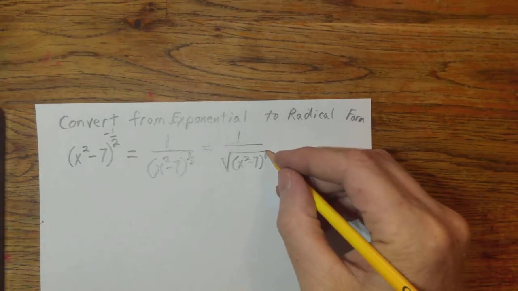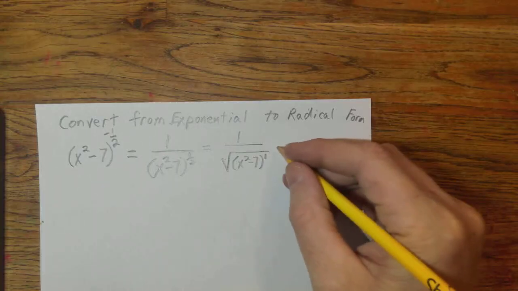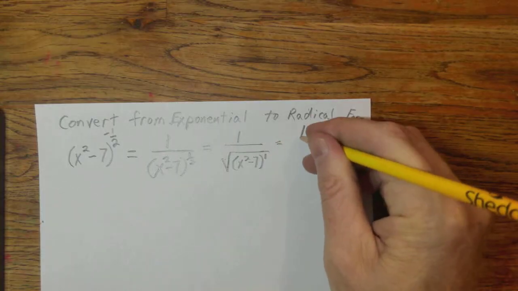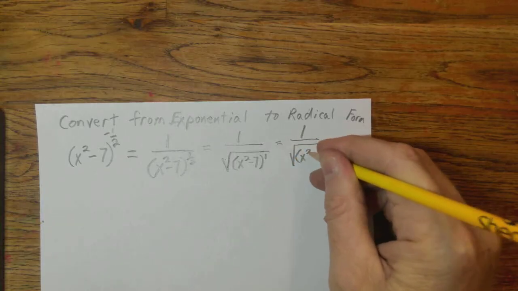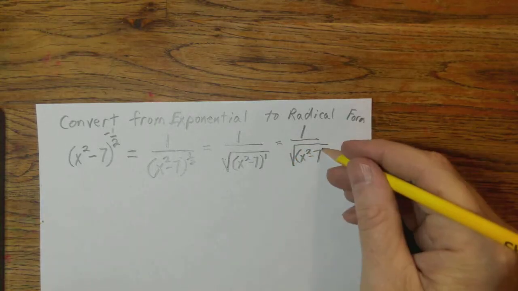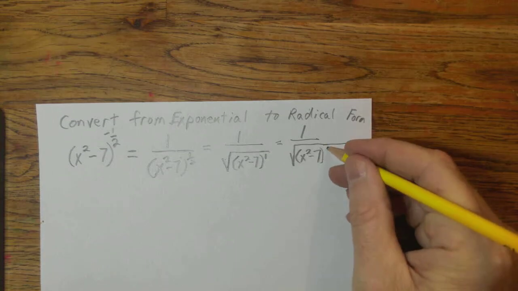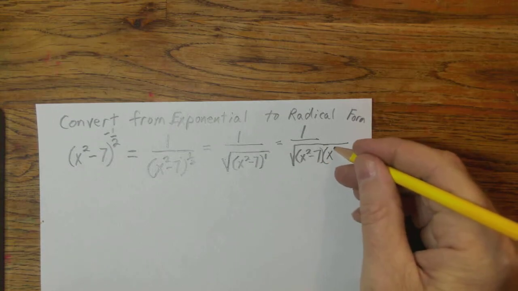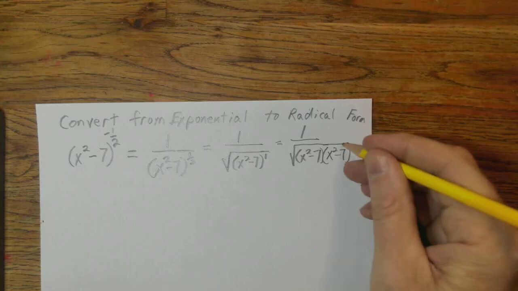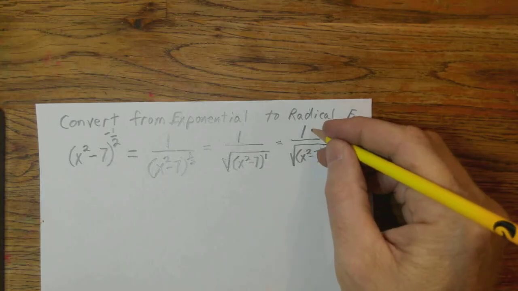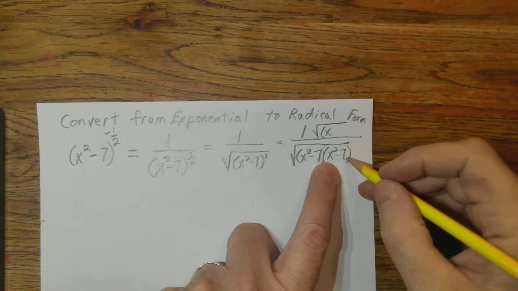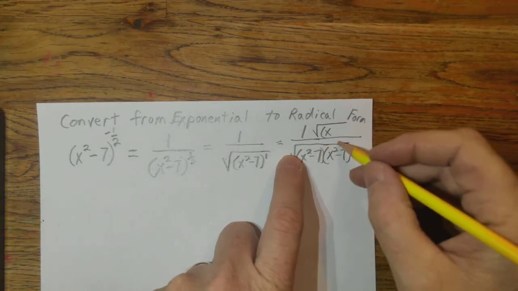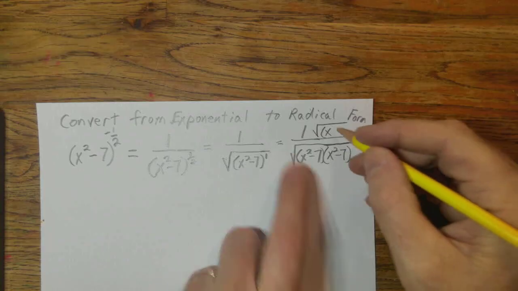So at this point, I'm going to write it over here. 1 over the square root of x squared minus 7. I'm going to multiply this by the square root of x squared minus 7 again. And when I do it to the bottom, notice that when I inserted it, I extended my radical.